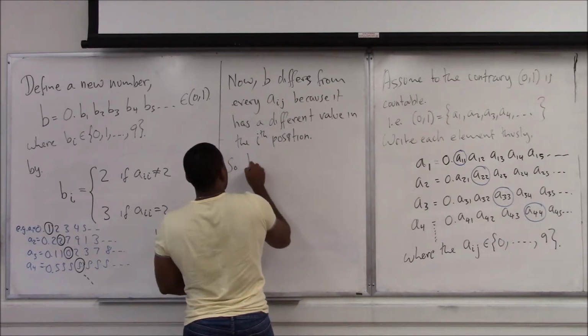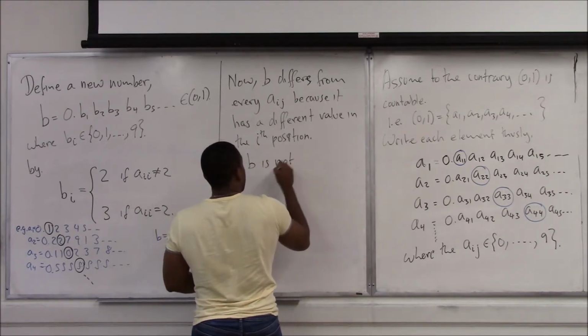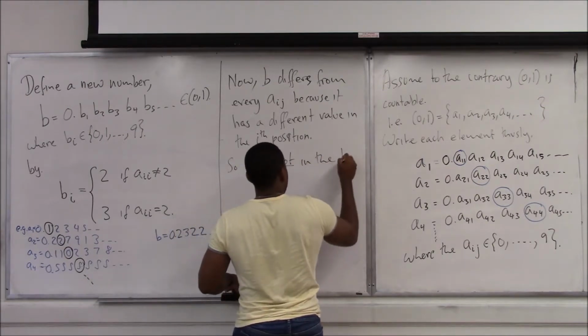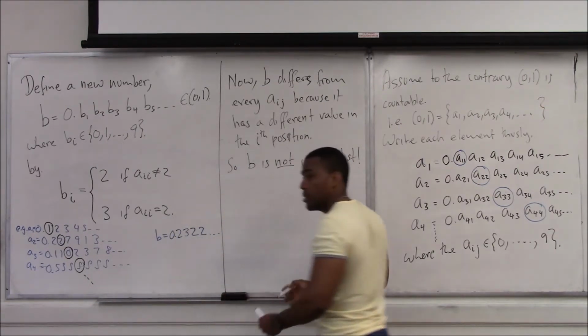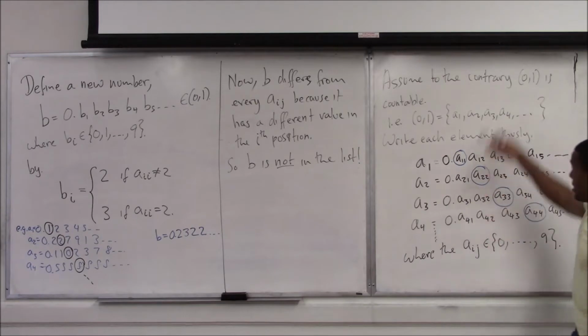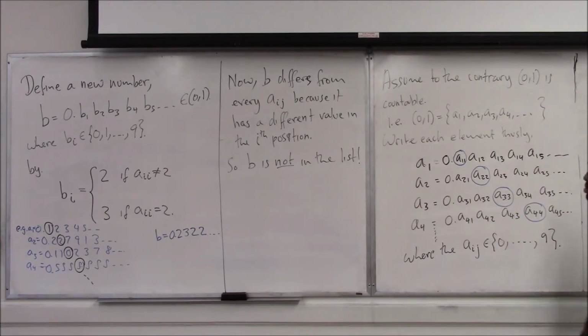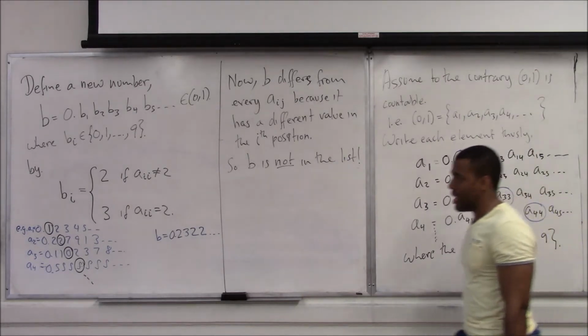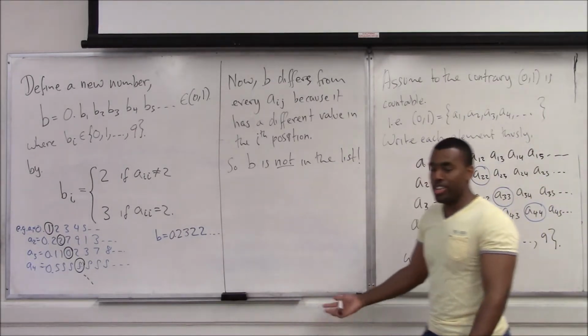So B is not in the list that you just wrote down. So you pretend that there are countably many, you could list all of them. It turns out, no matter which list you write, I can create someone that's not in your list.